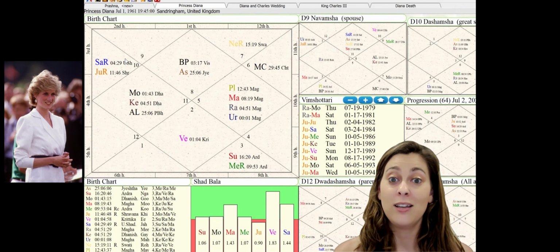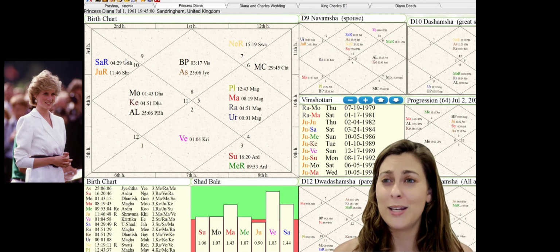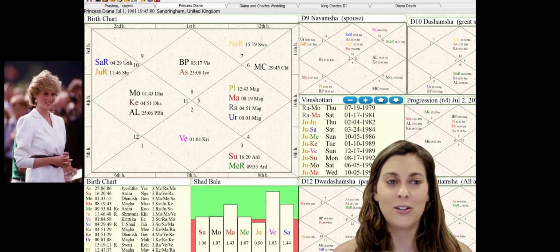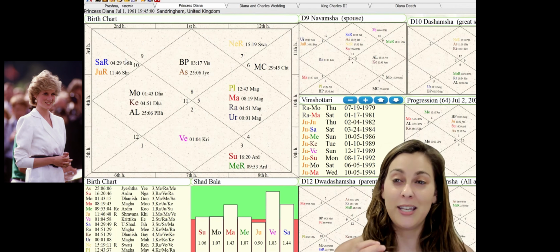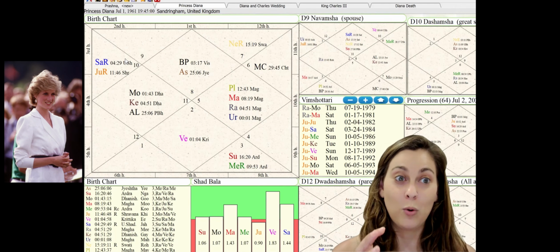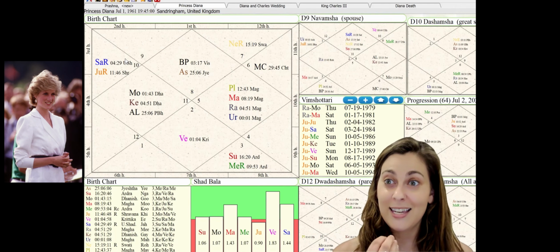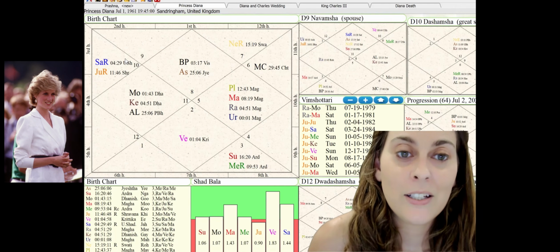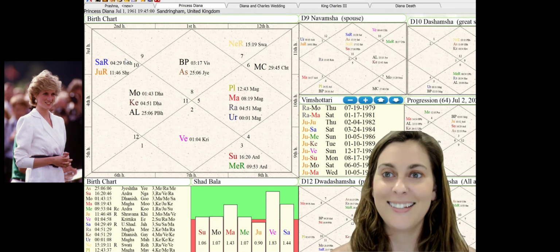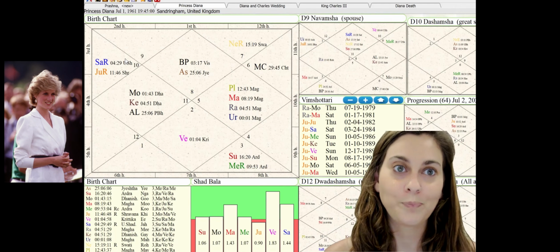Shravana is all about listening to wisdom, and it's ruled by the moon, and there's this softness. So she has a lot of planetary support of someone who really thinks before they speak and tries to speak with a lot of wisdom and care. So I find that really interesting.